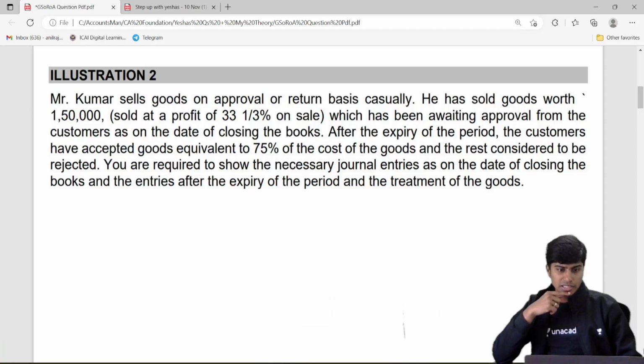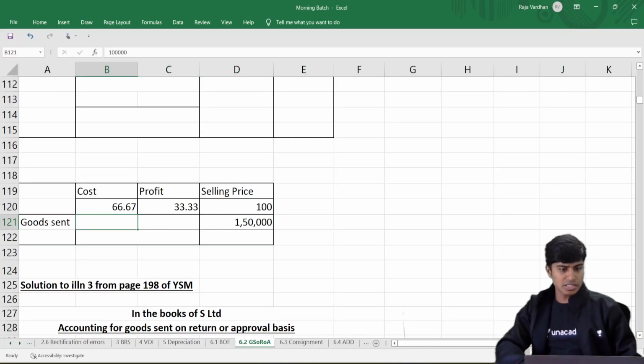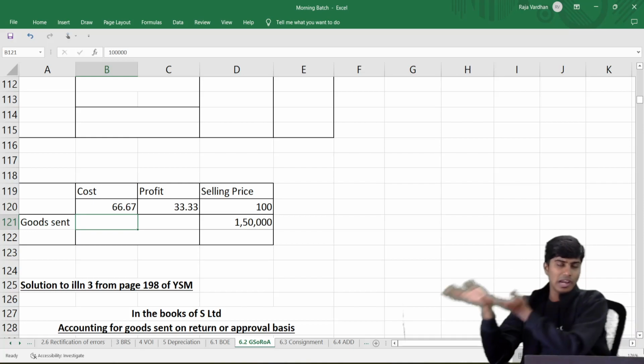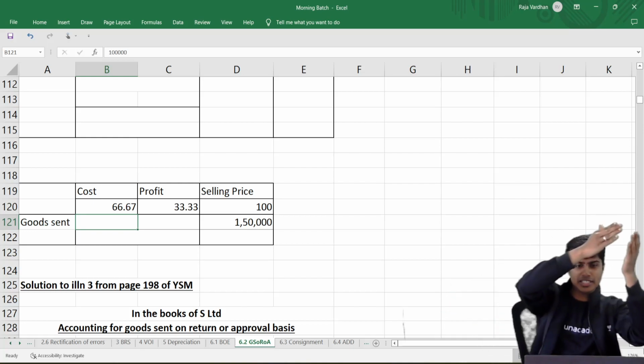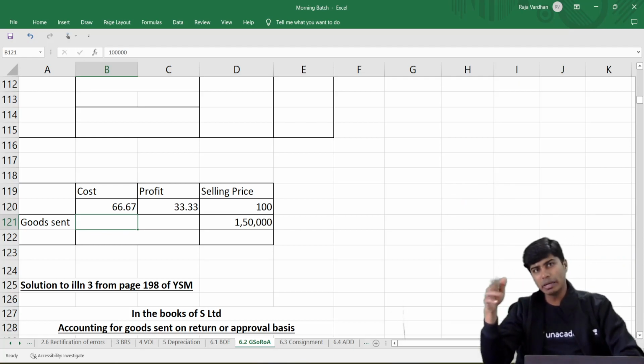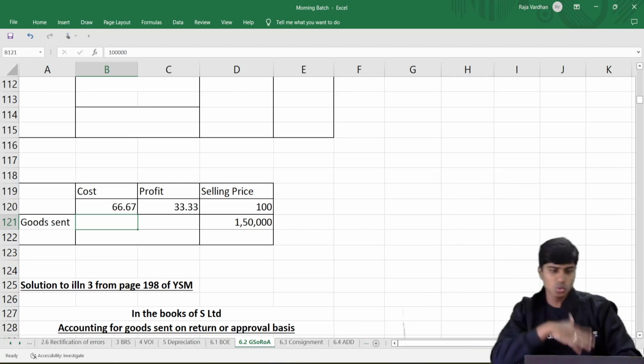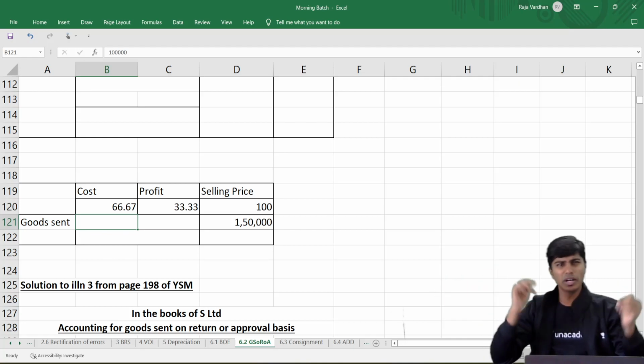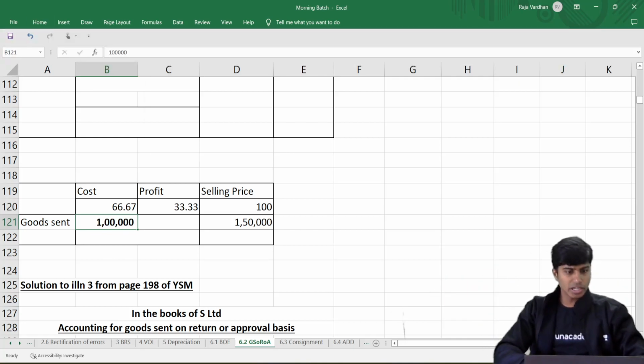Am I right? Yes, 1,50,000 is the selling price. Can we find how much is the cost? Very simple. 1,50,000 into 66.67 divided by 100 and you will get it. Or you can also do that 1 by 3 on sale, 1 by 2 on cost basis also. It would work.